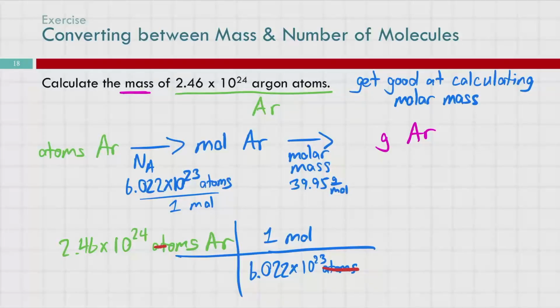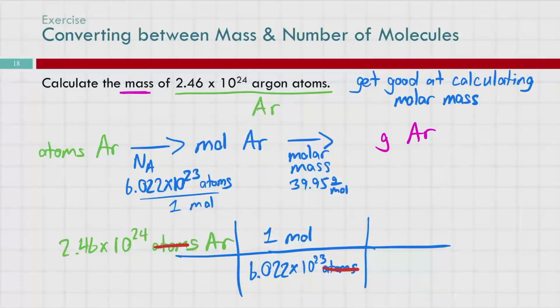So the atoms will cancel. Our units that we have are moles and argon. If you wanted to, you could also include argon tagged on with atoms here as well as with moles. And that would make everything that we started with, both atoms and argon, cancel. You can do that if you want to. It might make things a little bit easier to keep track of for you.